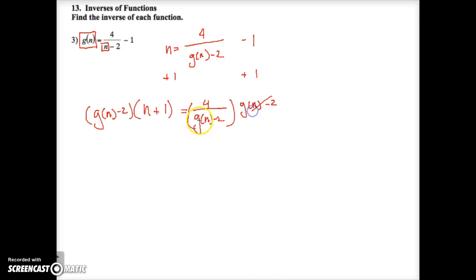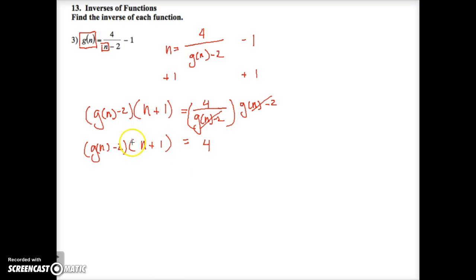And over here, I just end up with g of n minus 2 over g of n minus 2, which is 1. Okay, so I end up with 4 over here, and then g of n minus 2 times n plus 1.